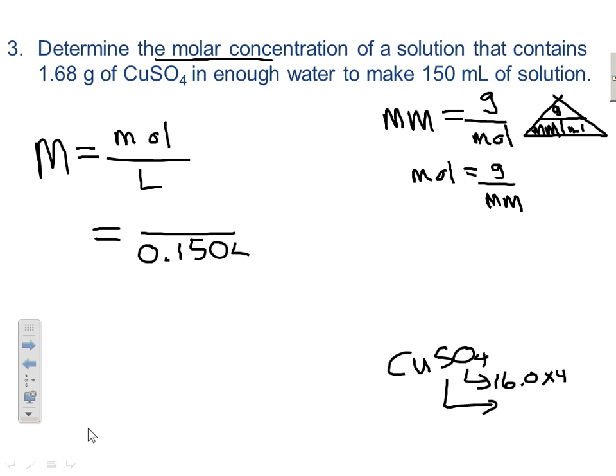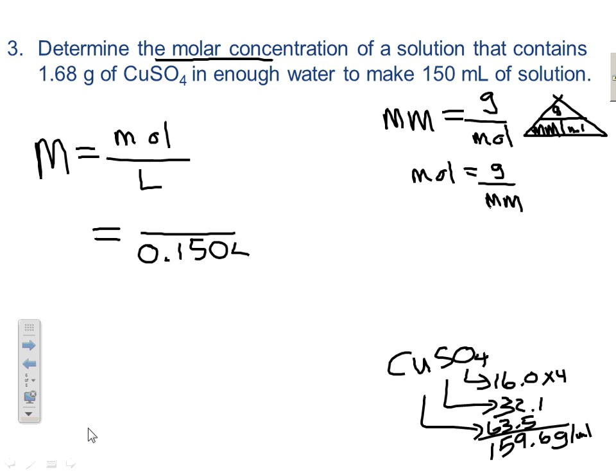Felicia, you haven't even found 32.1. 32.1, and sorry? 63.5, and that's 1, and that's 1. 159.6? 159.6 grams per mole. We've got our molar mass.